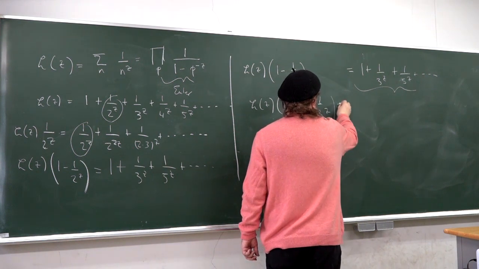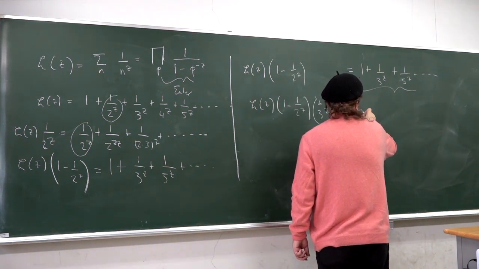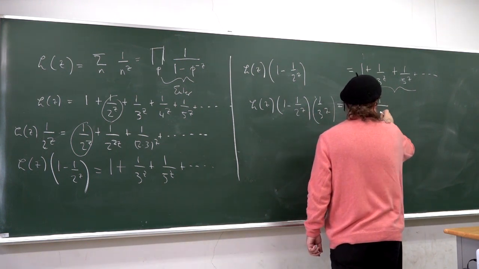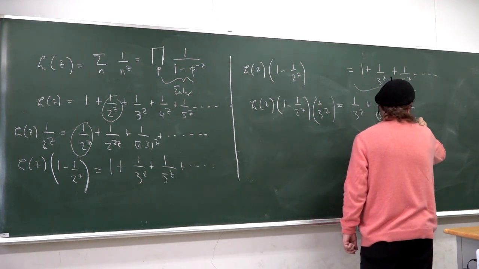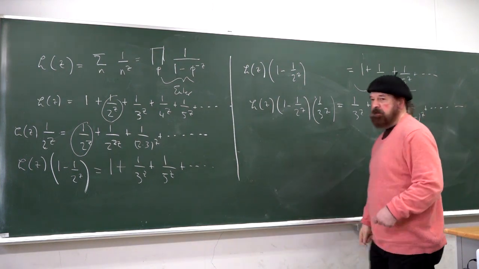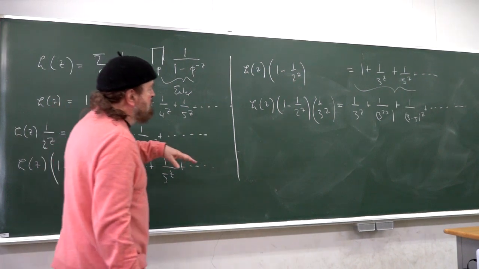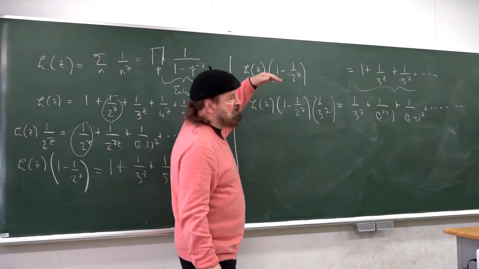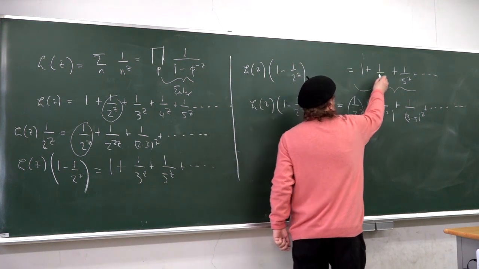Then I have this: 3 squared, 3 to the 5, and so forth. So I'm going to do the same thing that I did earlier. I'm going to subtract this from this. You're going to see that these terms are going to cancel.